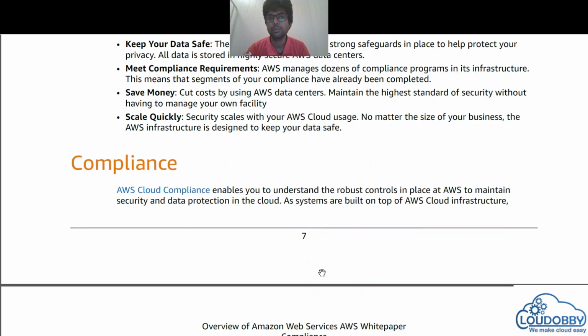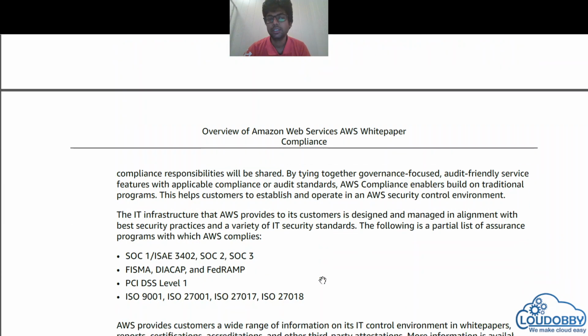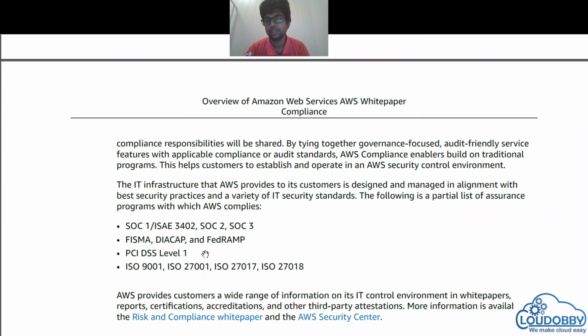Compliance, this is a very important part to understand the business, because we need the standard security standards. So AWS applies to SOC 1, ISAE, SOC 2, SOC 3, HIPAA, HITRUST, PCI, ISO 9001, 27001. So there are different compliance standards which are already achieved.